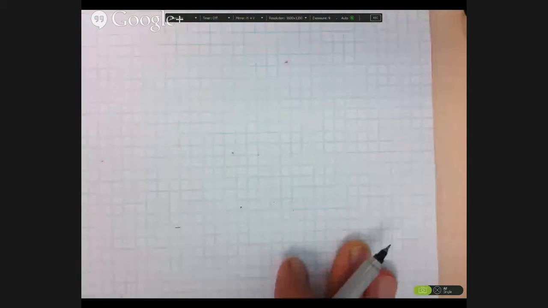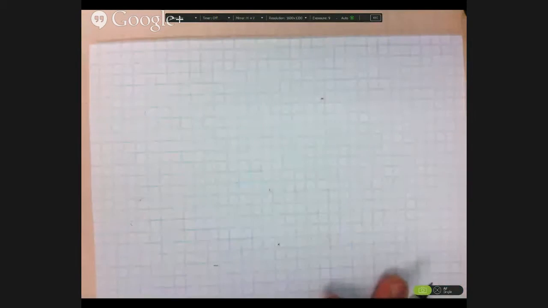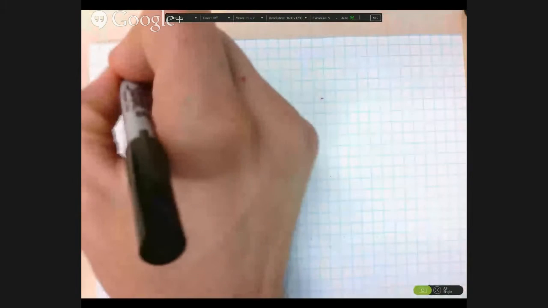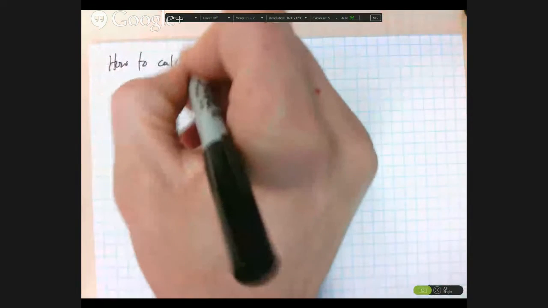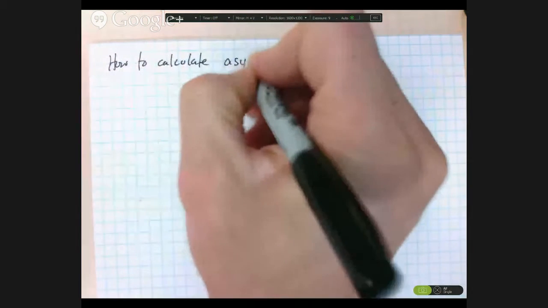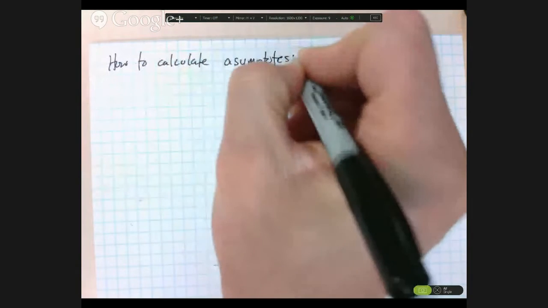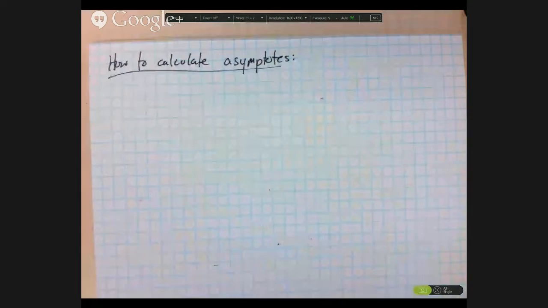All right, now to the meat. How to calculate asymptotes.